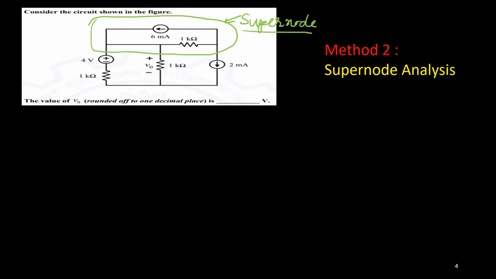And then we'll assign this node potential as VA, and this node potential as VB. That is again similar to the earlier one, but here you will get only one equation.